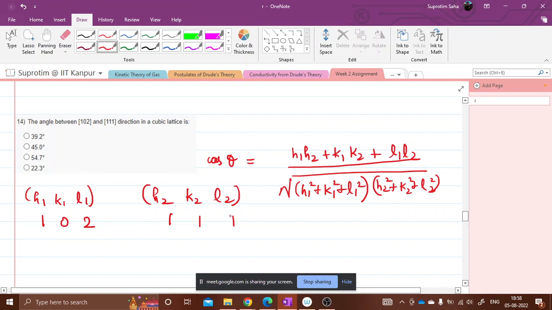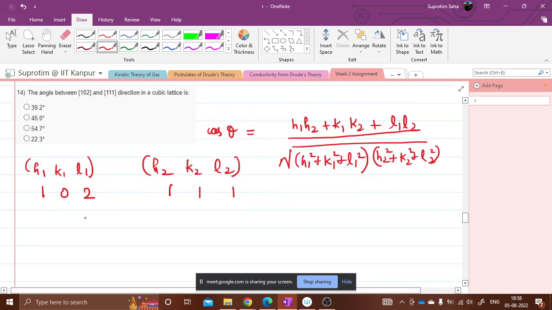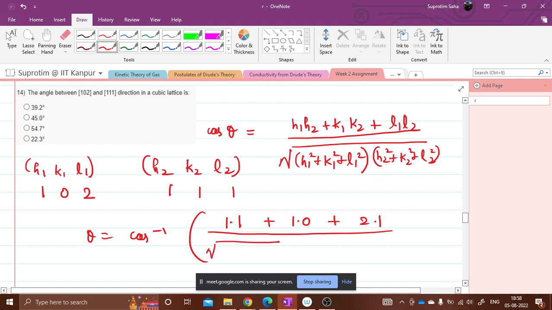All right. So now what you get is theta equals cos inverse of 1 times 1 plus 0 times 1 plus 2 times 1, divided by the square root of 1 squared plus 0 squared plus 2 squared, times the square root of 1 squared plus 1 squared plus 1 squared.